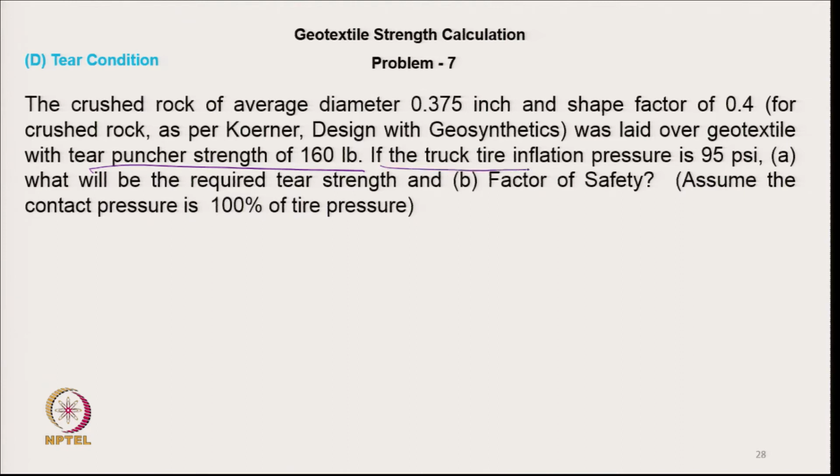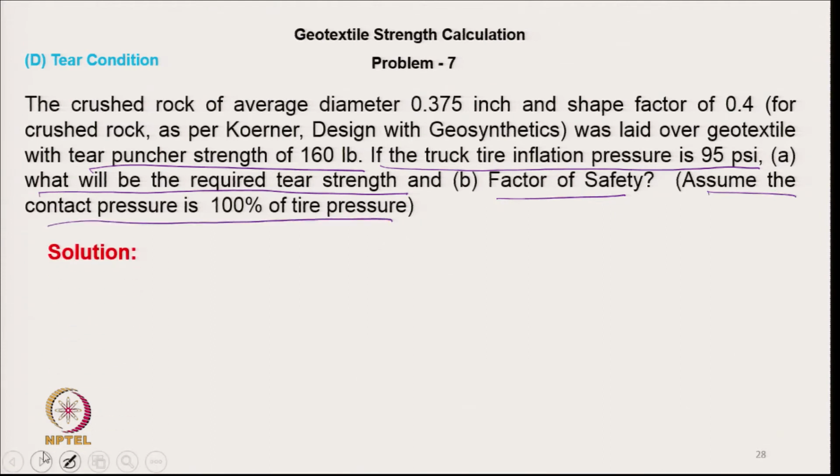If the truck tire inflation pressure is 95 psi, what will be the required tear strength and what will be the factor of safety? Here the assumption is that contact pressure is 100% of tire pressure. Normally contact pressure is a little bit less than tire pressure, but for simplicity we can assume 100% of tire inflation pressure. The solution.